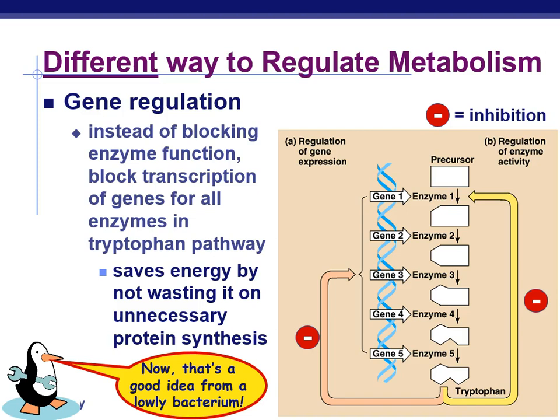Well, of course there is. Bacteria have ways of regulating their genes called gene regulation, where they can actually block the transcription of the gene in the first place, thereby saving energy, at least here in the tryptophan pathway, and not making those enzymes in the first place unless they really need to.